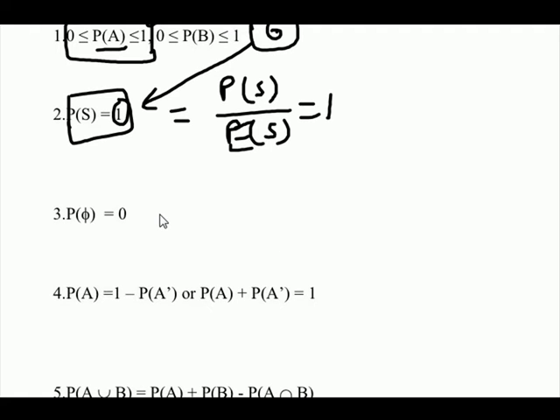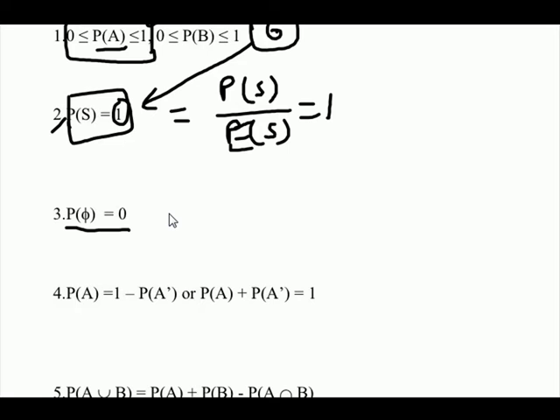And moving quickly to the third point, which is that the probability of a null event is always equal to 0, which is in a way the inverse of what we discussed in point number 2 here.